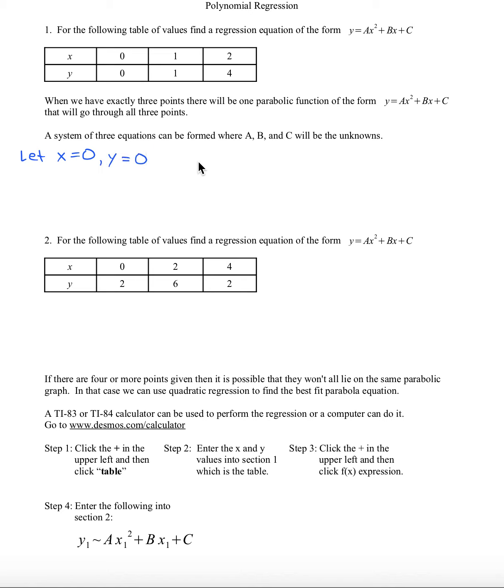Then what we want to do is we want to let x equals 0 and y equals 0 for one of the equations. Then we'll let x equals 1 and y equal 1 for the next equation.